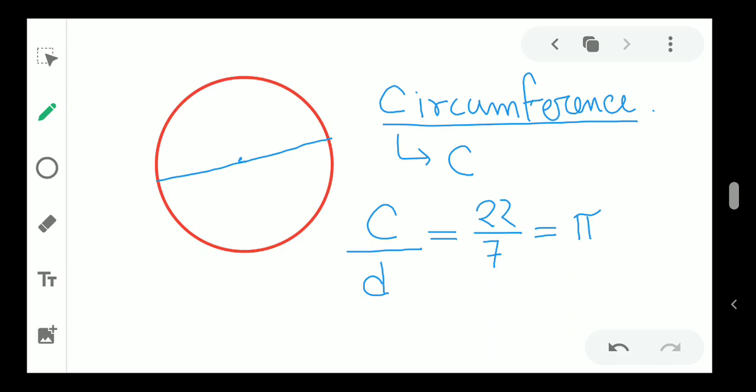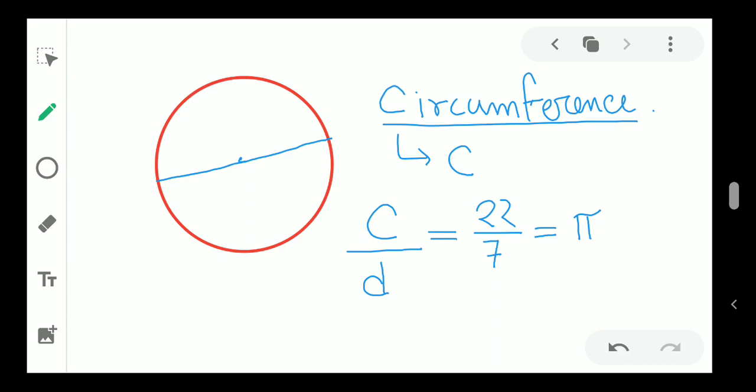So pi is a number. It cannot be written as a proper fraction, so you cannot divide 22/7 easily. So this is a very unique number.